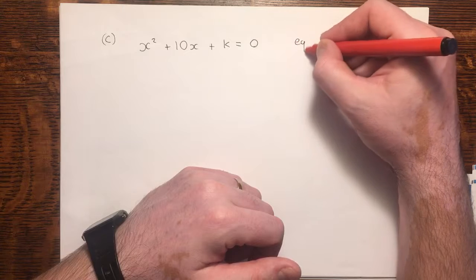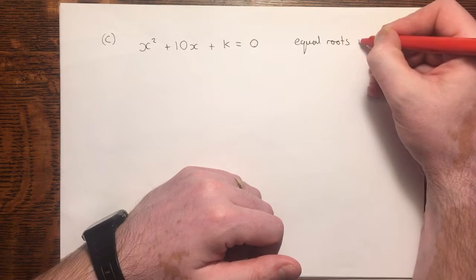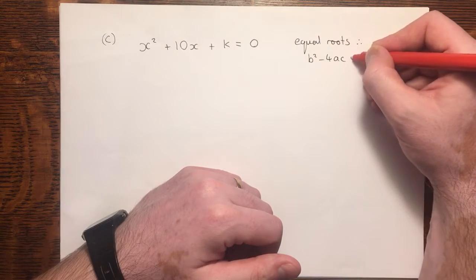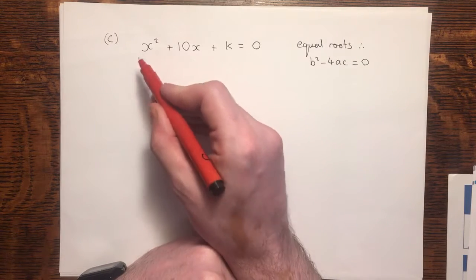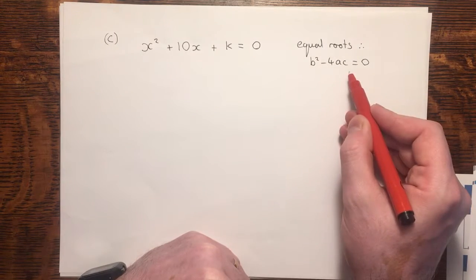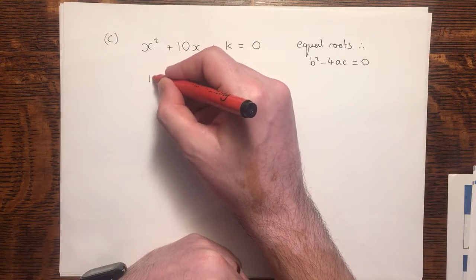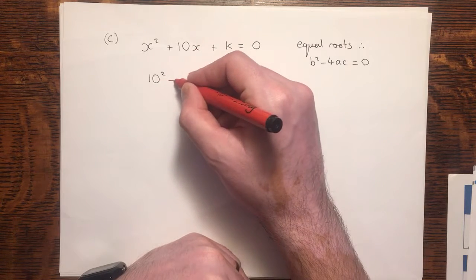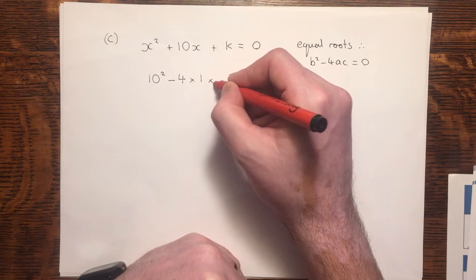Equal roots, therefore, b squared minus 4ac equals 0. If we substitute in the values a, b and c into this, we're about to solve for k. b is 10, b squared is 10 squared. a is 1, c is k.